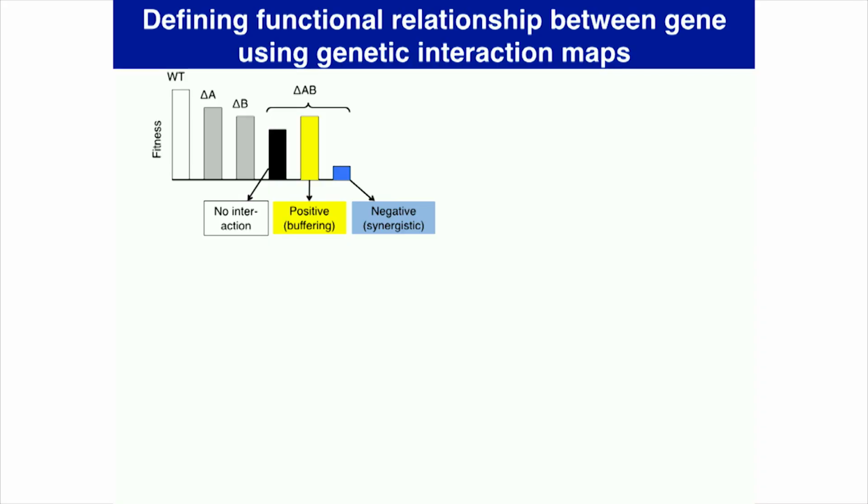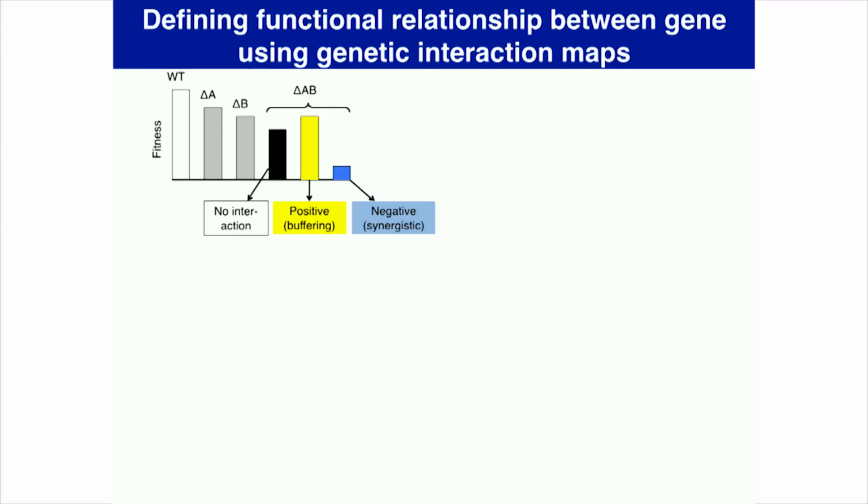When we combine these two mutations, for most genes the double mutant will be a little bit sicker than either of the two singles. Actually, for the vast majority of genes it's a multiplicative answer. If you have a 90% growth rate when you delete gene A and 90% growth when you delete gene B, when you combine them, the growth rate is 0.9 times 0.9, or 81%.